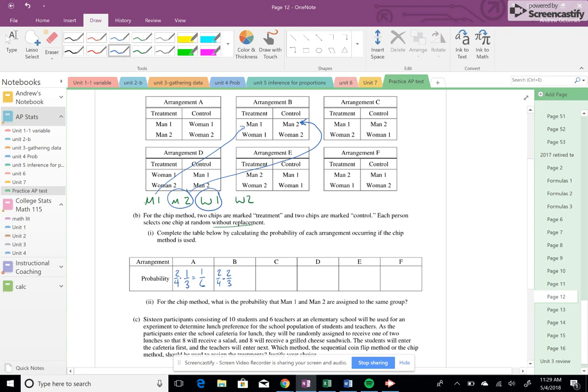Moving on to woman 1, there was only 1 treatment left out of the 2 she had to choose from. It doesn't matter. Woman 2 is only left with 1 more choice, so we don't have to multiply it. And B should be 2 times 2 is 4, 4 times 3 is 12, times 2 is 24. Simplify that to 1/6.